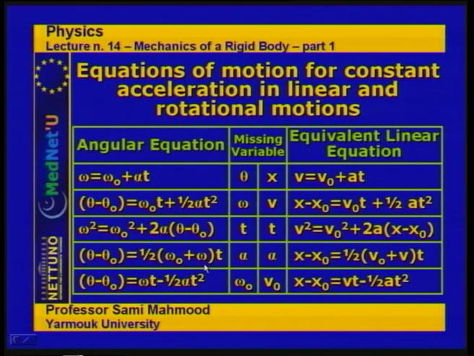This equation, as we mentioned before, is simply the definition of the average velocity. The average velocity is defined in two ways. On the one hand, it's defined as delta theta over delta t, which gives theta minus theta naught over t. That's on the one hand.